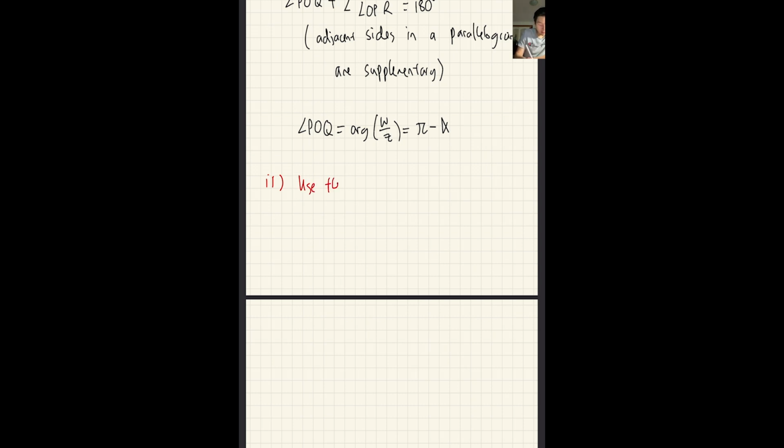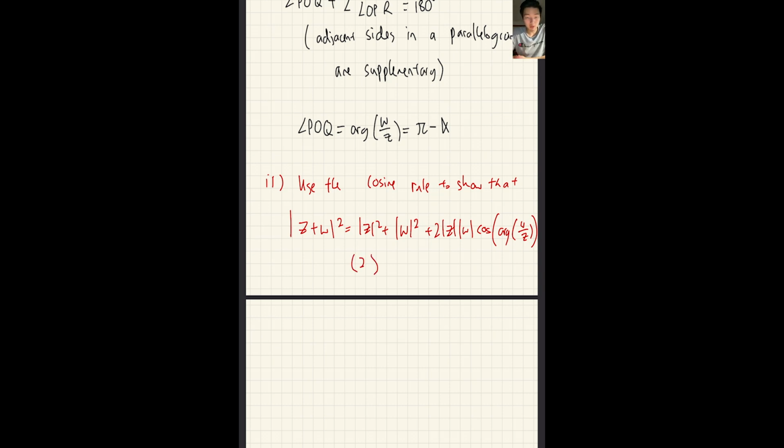Use the cosine rule to show that the modulus of Z plus W all squared is equal to the modulus of Z squared plus the modulus of omega squared plus 2 times omega Z modulus multiplied together, cos arg W on Z. Okay, so this is worth 2 marks. Again, if you want, pause the video and work on it here. If not, let's jump straight in and go through it.